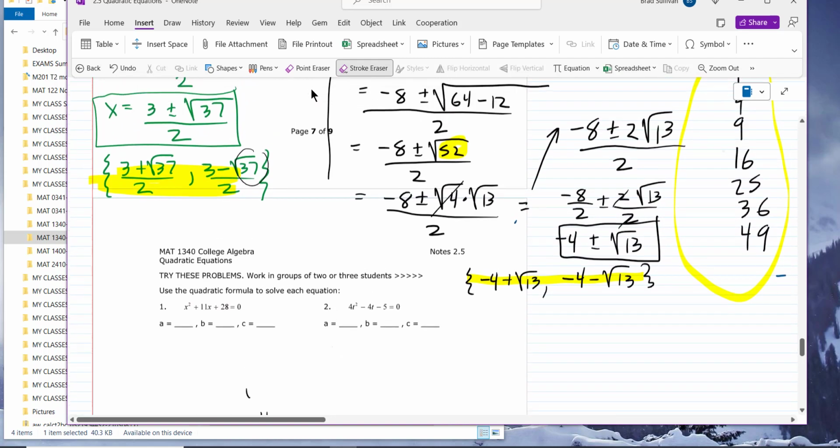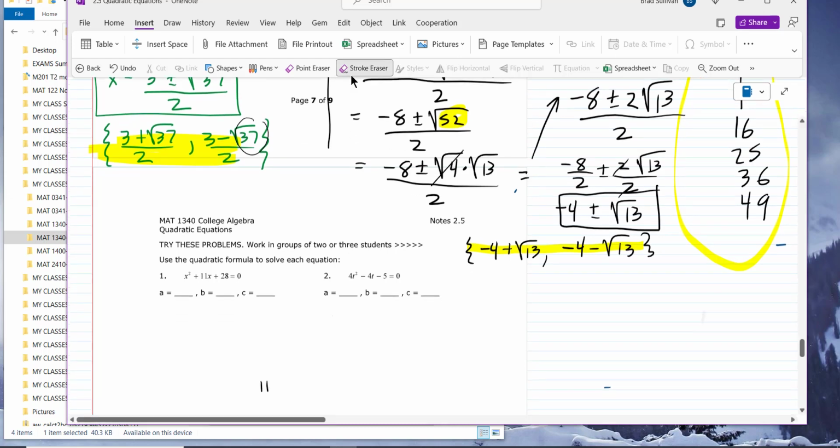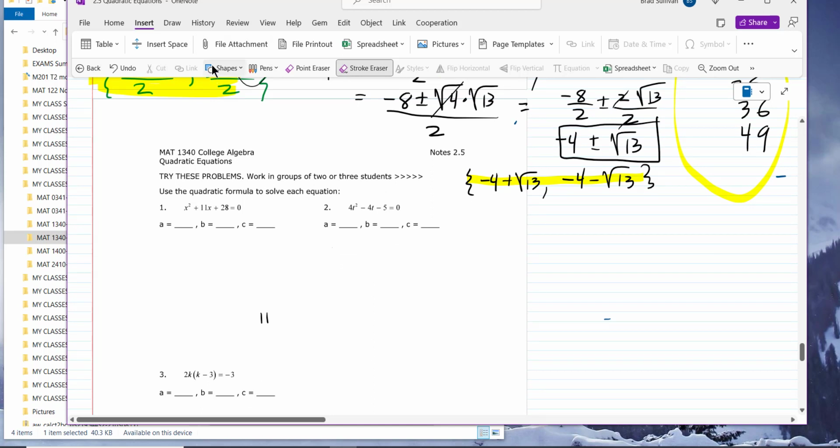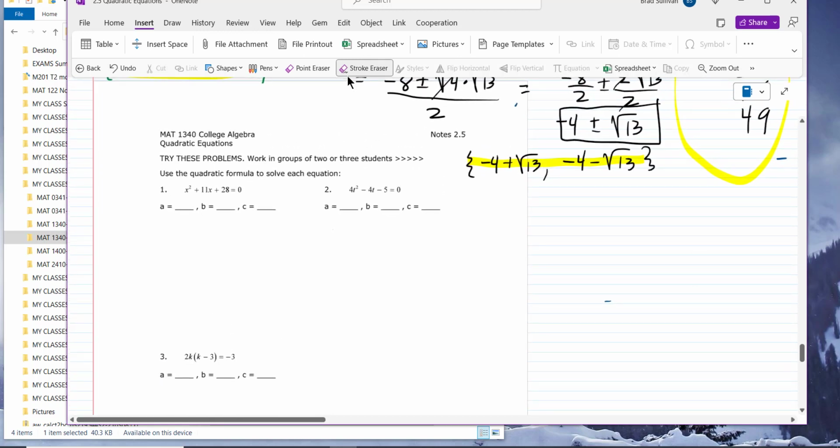Let's do these three below here and see if you can get these worked out okay. All right? And you can work together and compare answers on these three problems. Okay, so I'll kind of see what you come up with on these three.